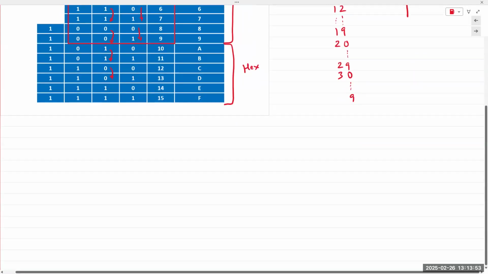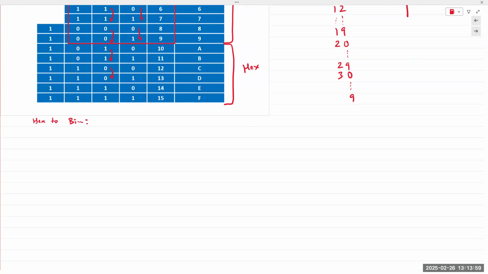And going from hexadecimal to binary is as easy as simply replacing that hexadecimal character with its 4-bit binary equivalent number.